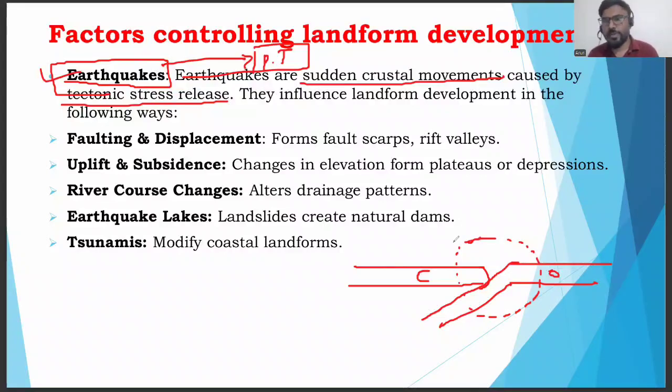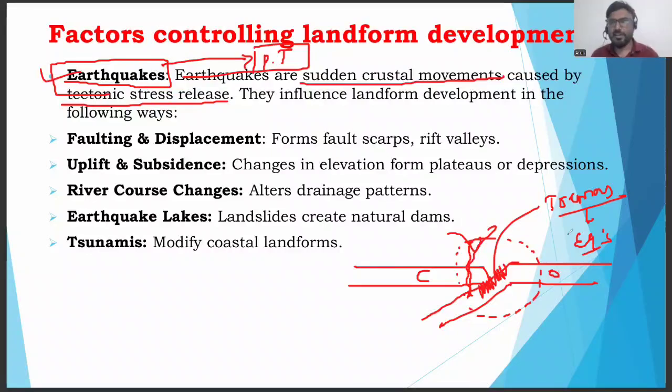Because of the zone of subduction, either there is melting of the plate and volcanic eruption, or there is generation of tremors. These tremors are nothing but earthquakes. When there is a sudden crustal movement caused by tectonic stress, there is a release of energy, and this release of energy means earthquakes.